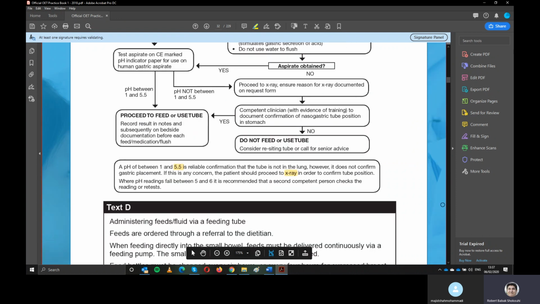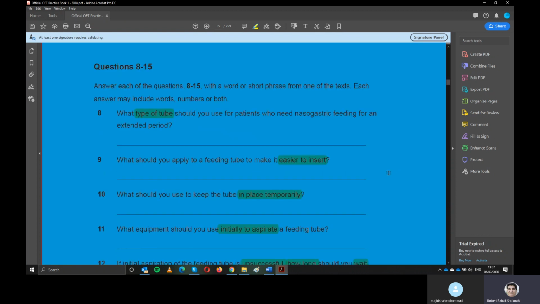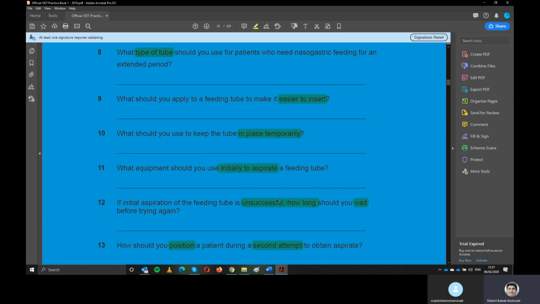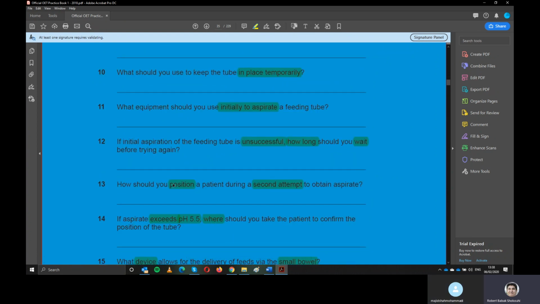So, where are we here? Initially, aspirate a feeding tube. What do we use? A syringe. If it's unsuccessful, how long should we wait? We didn't find that. How should you position for the second attempt?